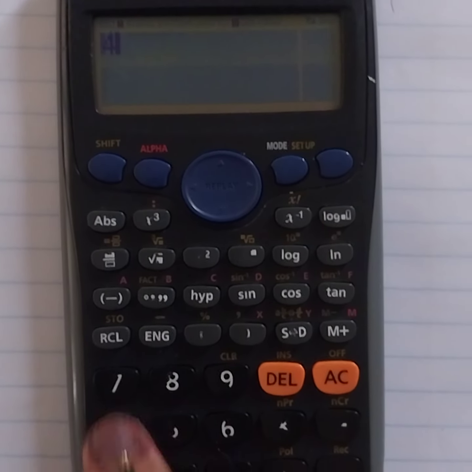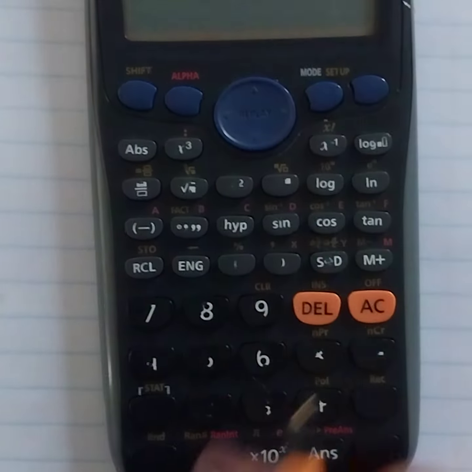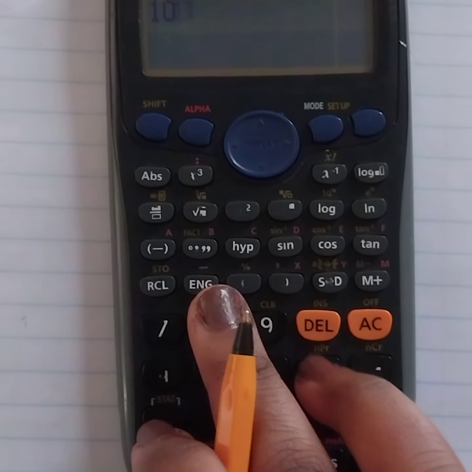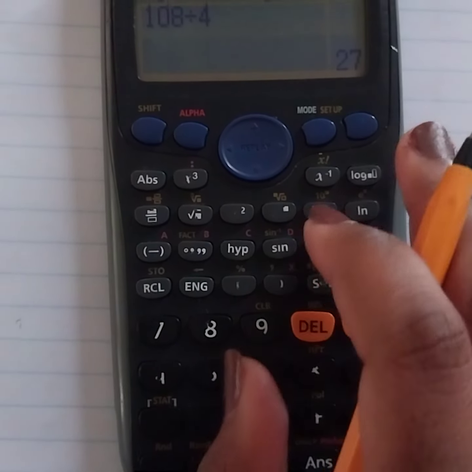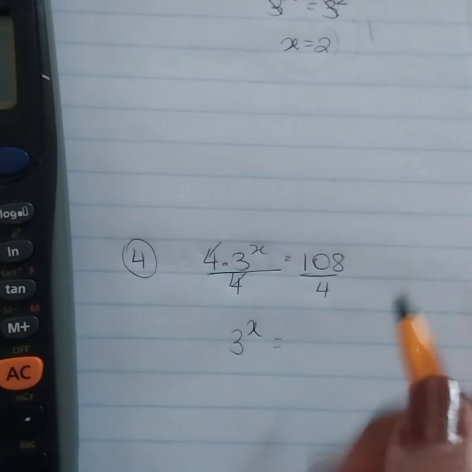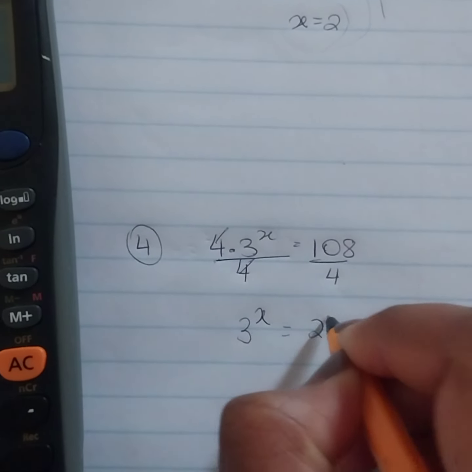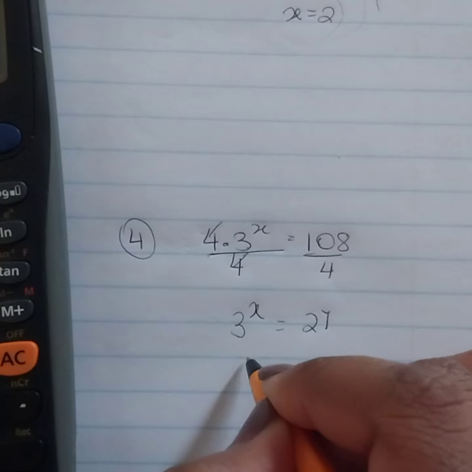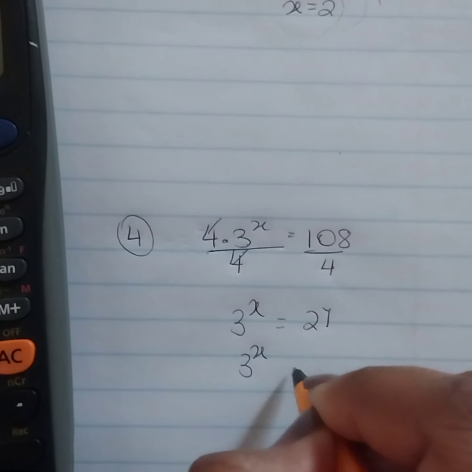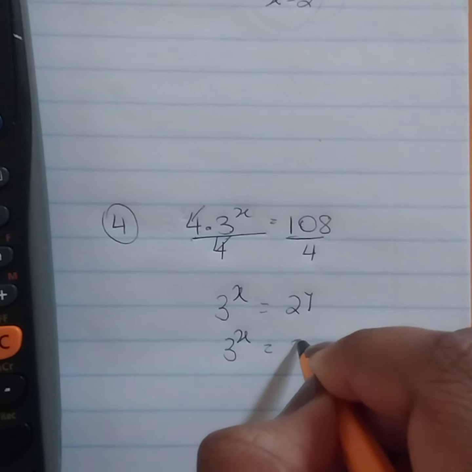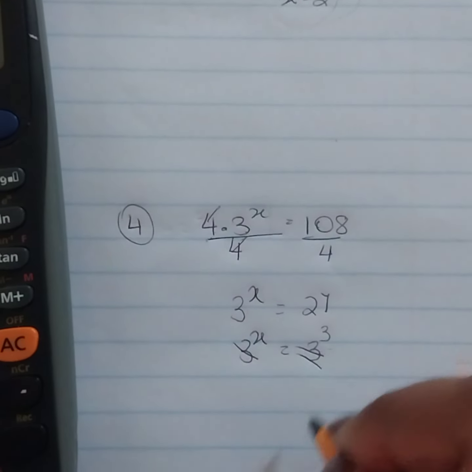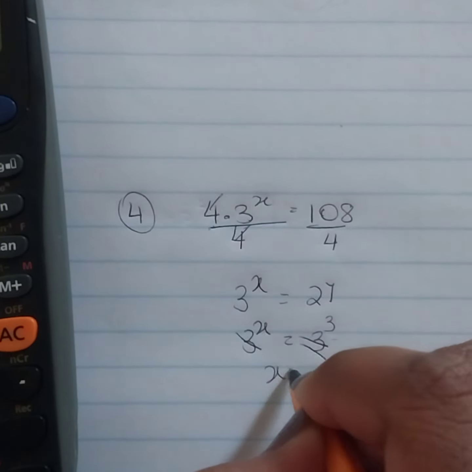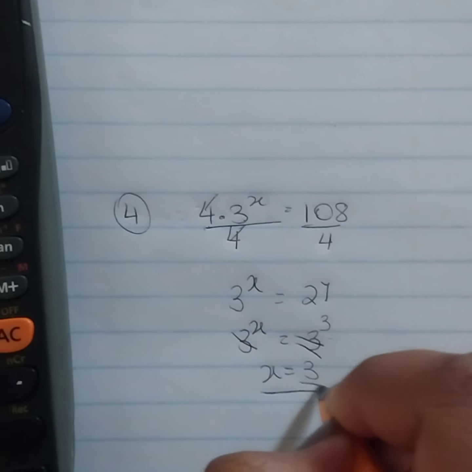So 108 divided by 4 is going to give me what? 27. So 3 to the power of x equals 3 to the power of 3, cancel, cancel. x is going to give you 3.